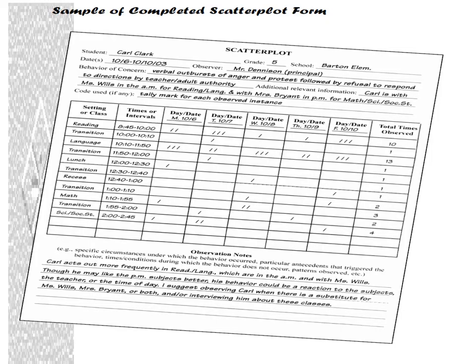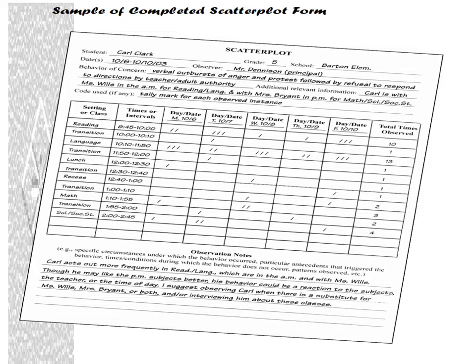Here is just an example of a completed scatter plot form. It could be as simple as a tally mark. If you have your data collection forms ready, it is something very simple to do. But once again, you'll notice that the behavior of concern is very explicitly described so that whoever picks up this form would be able to collect data.